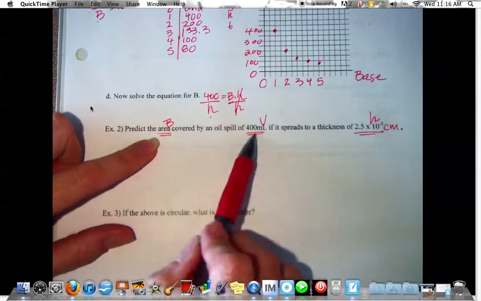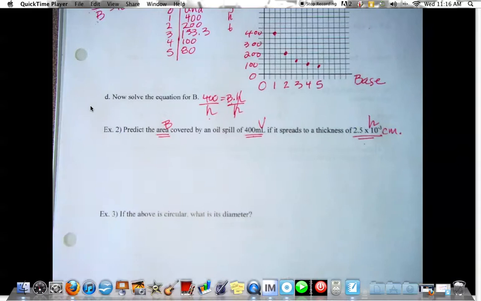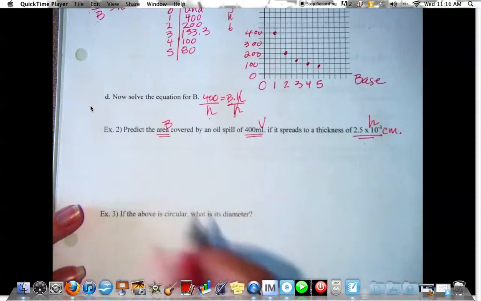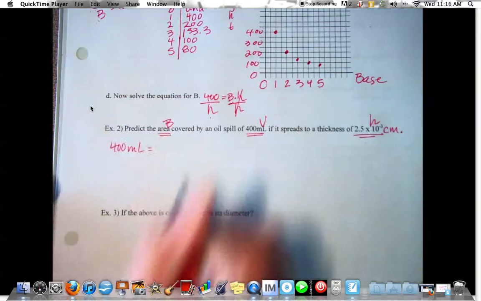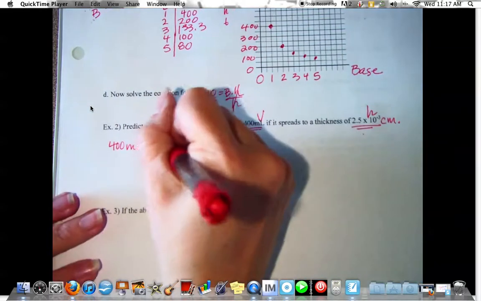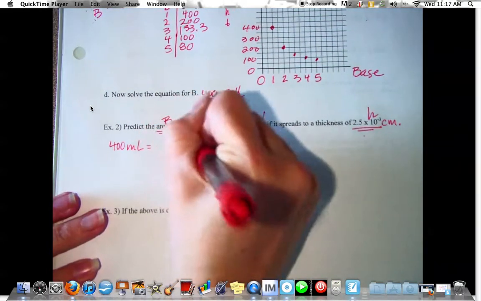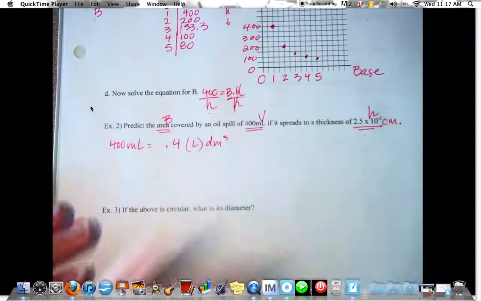So we're looking for area. We have volume in milliliters and thickness in centimeters. So let's get everything in the same units. We want to change everything to liters. So 400 milliliters. We're going from milli to liters, so we're moving 3 to the left, so it gives us 0.4 liters, which is equivalent to 0.4 cubic decimeters.